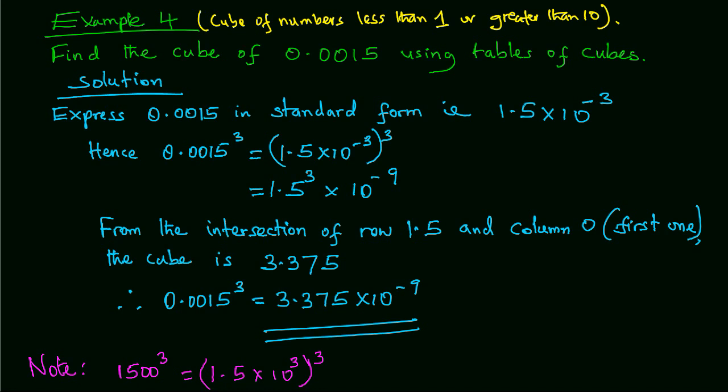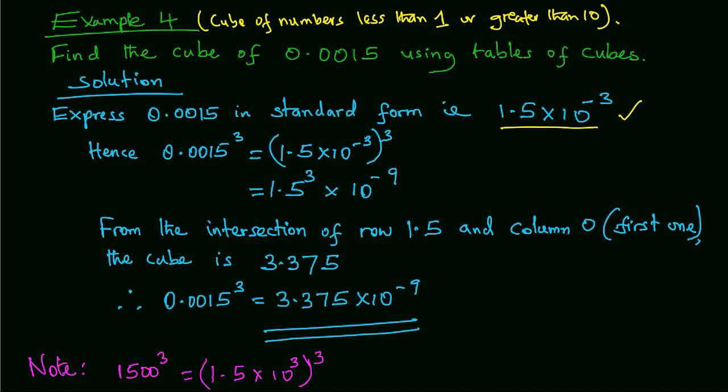From the cube tables, we only have cubes of numbers between 1 and 10. So the first step is to express 0.0015 in standard form. That would be 1.5 times 10 to the power of -3.